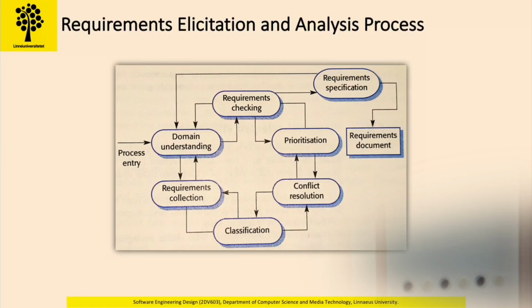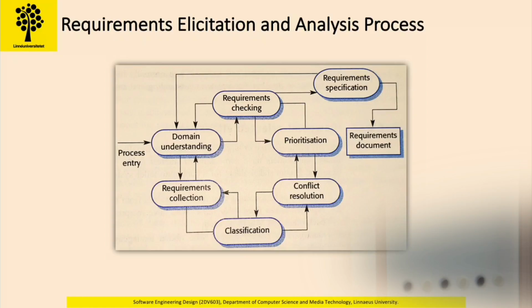But the important thing about this figure is that, as you can see, there is no going back from the requirements document to the requirements specification, but there is always going back from each step to the previous step. So if you first have domain understanding and you do the requirements collection, and while doing the collection you find some problems, you go back.